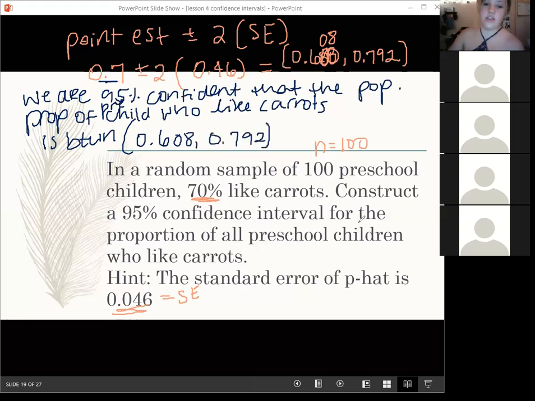And if we put this into percentages, this is 60.8% to 79.2%. So yeah, good. Does that make sense to everybody how I did that?